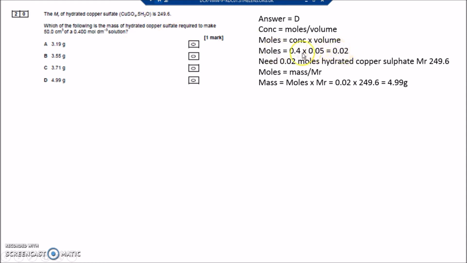Moles is mass divided by Mr. I've got the number of moles, I've worked that out previously as 0.02, I've got Mr, so mass equals moles times Mr, 0.02 is my number of moles, Mr 249.6, 4.99 grams, the answer is D.